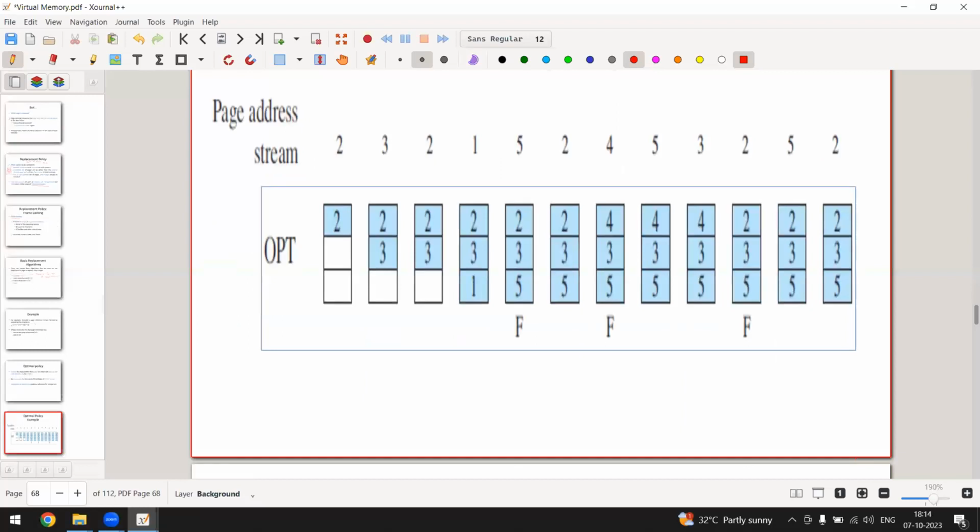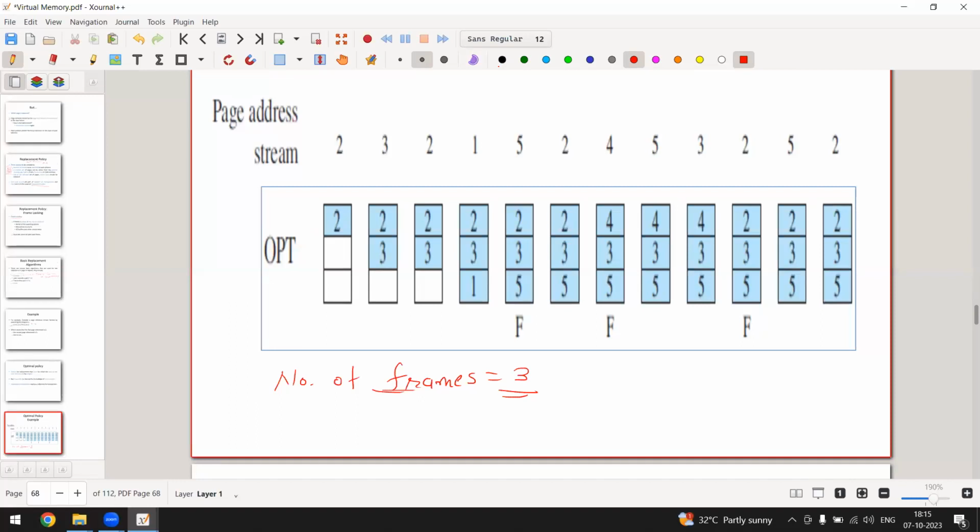But we can see the example. So see step by step. This is very important: how to solve the example. In theory, you can also do the optimal policy. The first reference is 2. The important thing to understand here is that the number of frames is 3. For this particular process, I have assigned 3 frames.